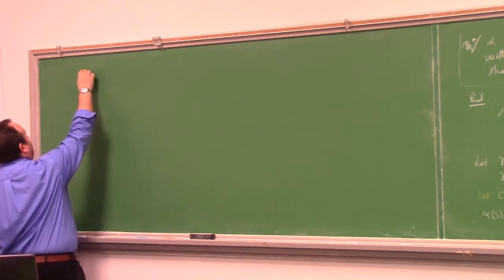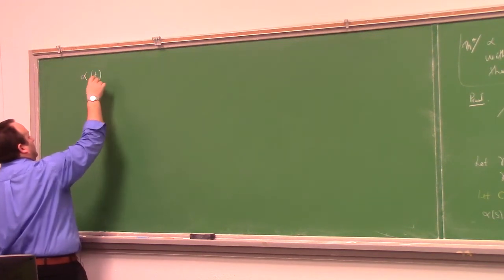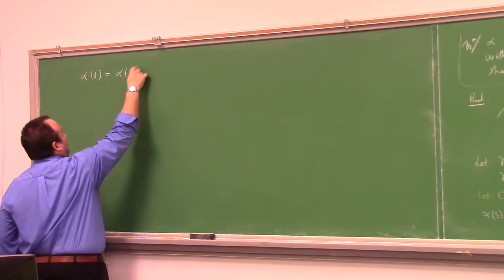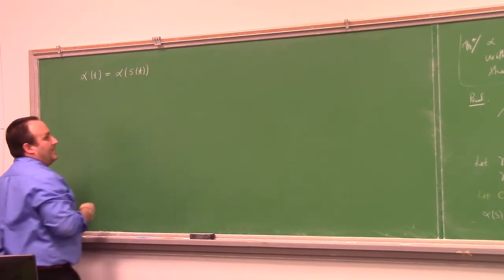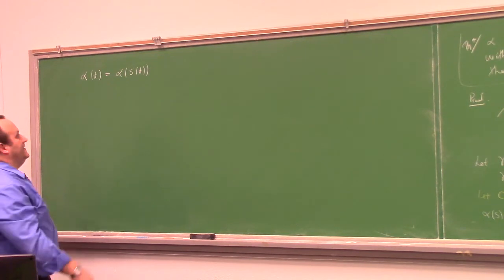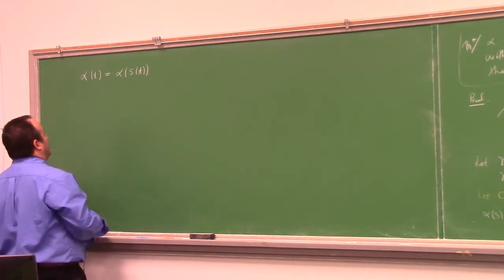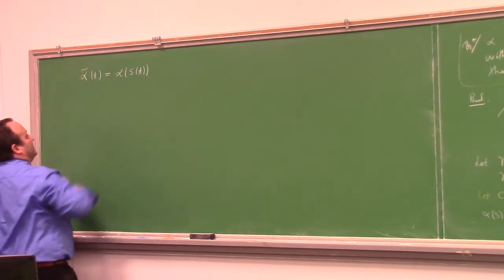Let's see here. If we have alpha of t, then you could relate that to alpha of s of t if you want to abuse notation a bit here. Technically speaking, these are different functions, so you should really put a tilde around one or the other of them.